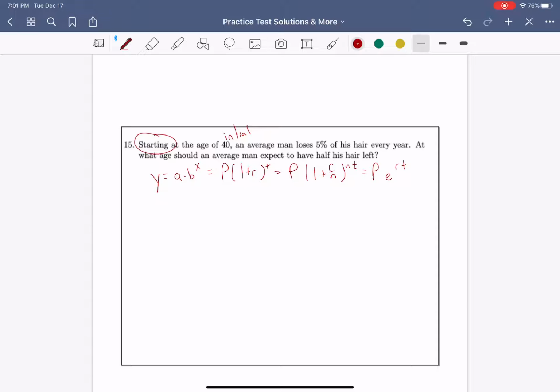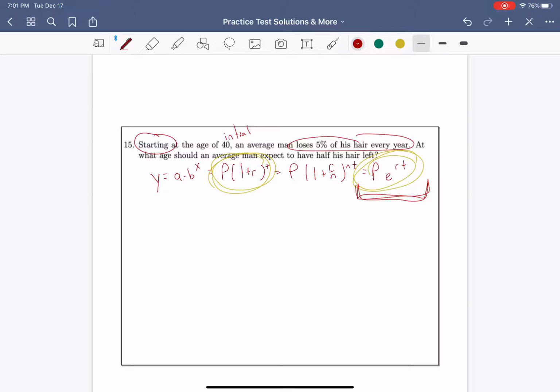For this one, we could try to treat it as either the ones with the rates in it that are either continuous or compounded annually. Just because hair is a natural thing, let's go with the one with the e in it. So we have our initial value at age 40.